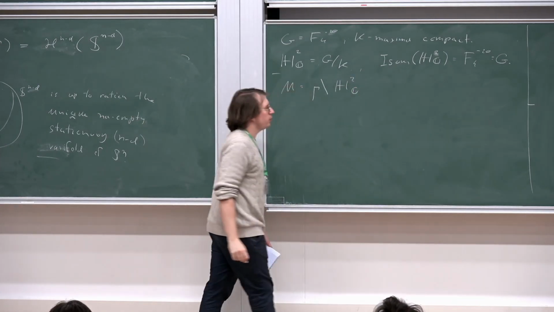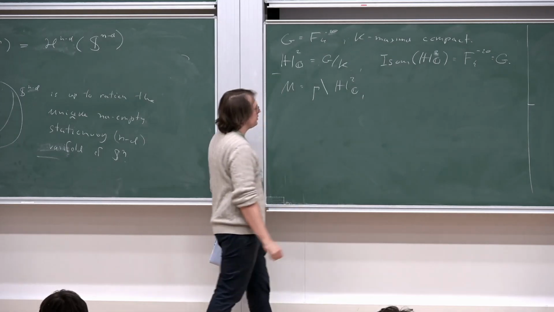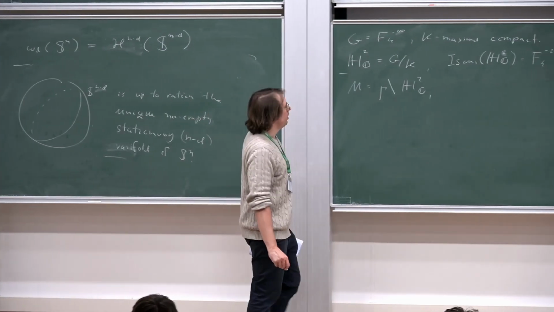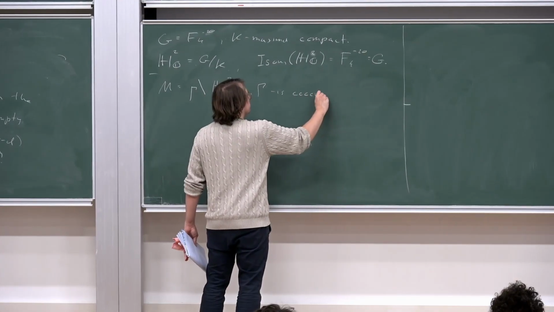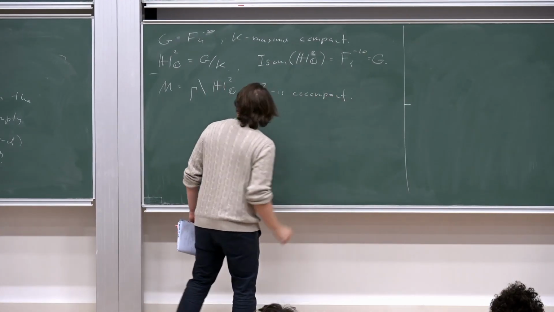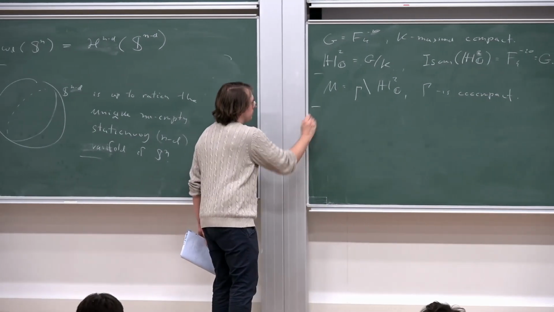Because Almgren-Pitts theory is developed for compact manifolds, we'll assume that Gamma is co-compact, so that we get a closed compact manifold.